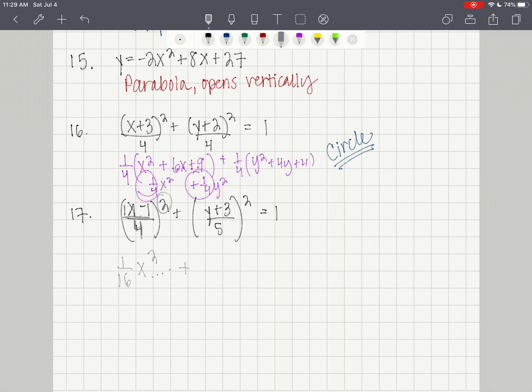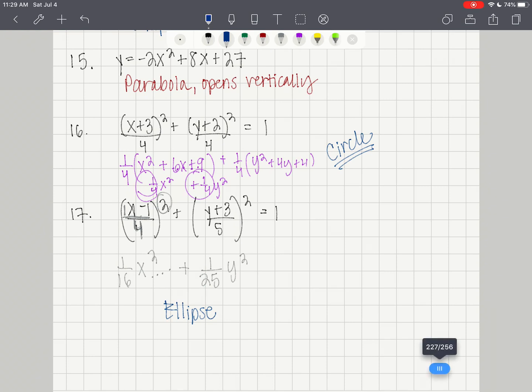And then it doesn't really matter what those other two terms are because we're just classifying what type of conic section we have. This next one would be 1/25 y squared. Therefore, same sign, different numbers, we are dealing with an ellipse. Same sign, not equal, ellipse.